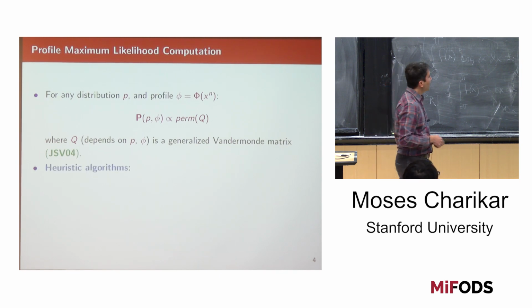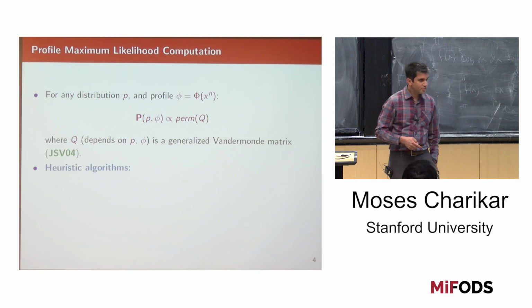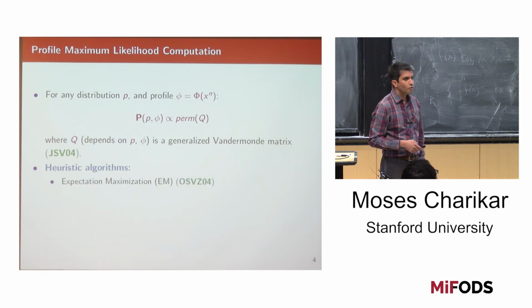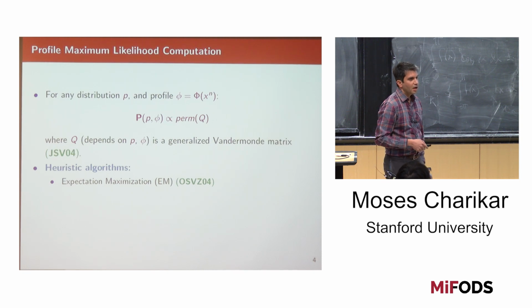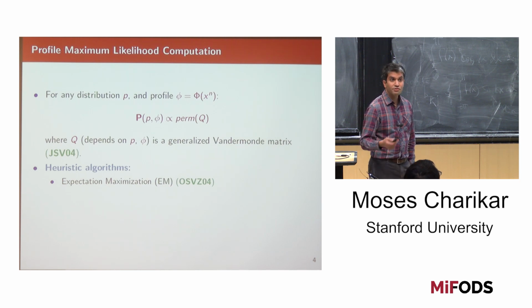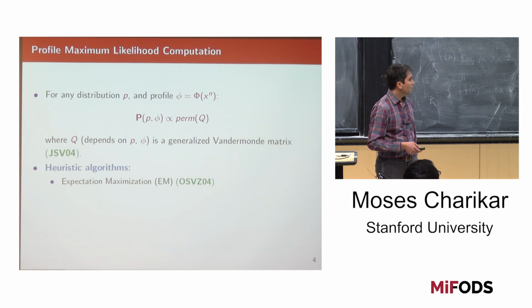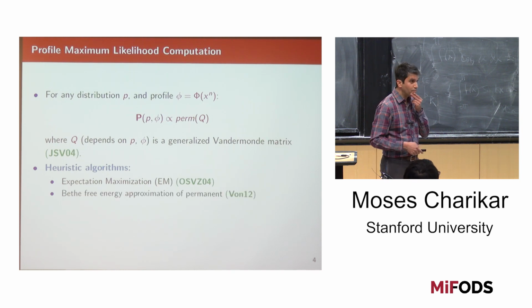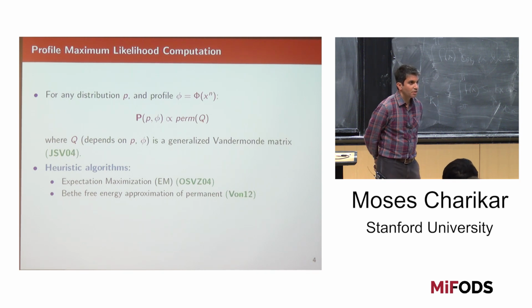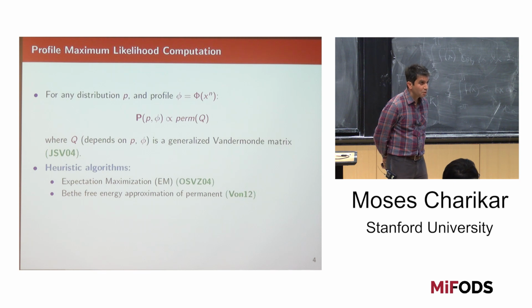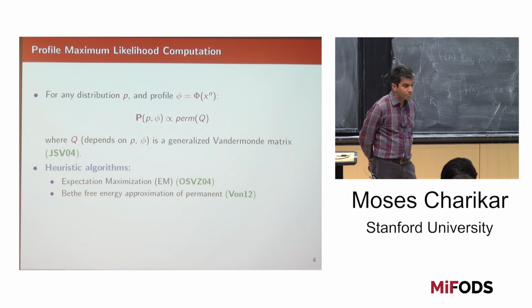Okay? So a bunch of heuristic algorithms have been proposed for this. The original paper that proposed profile maximum likelihood as an interesting object of study was a paper by Alon Orlitsky and his collaborators back in 2004. And they suggested an expectation maximization heuristic to compute this. More recently, Vontobel suggested something called the Bethe free energy approximation of the permanent as a route to getting good algorithms.